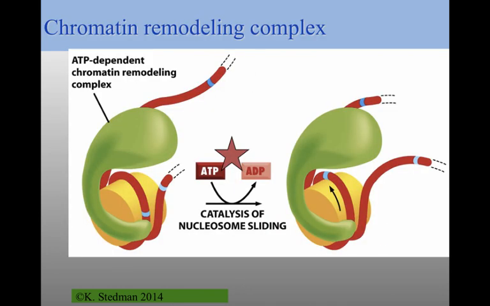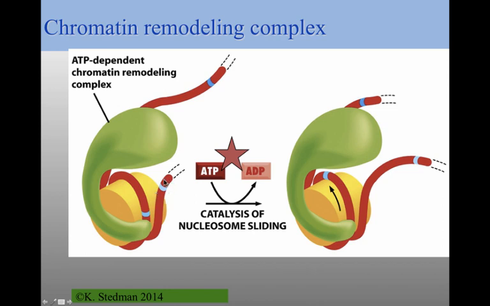Another way that you can change your chromatin structure is through the so-called chromatin remodeling enzymes. These are ATPases, which literally will move DNA along histones. And so the example here, which is unfortunately a little hard to see, is that this DNA here basically gets pulled into this complex, and this piece of DNA comes back out.